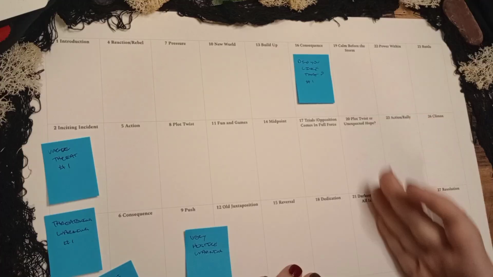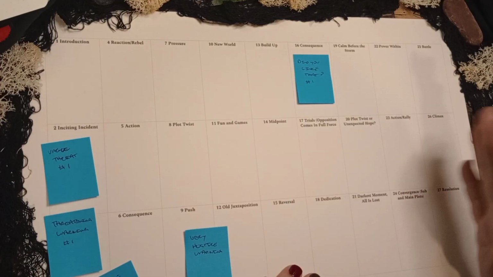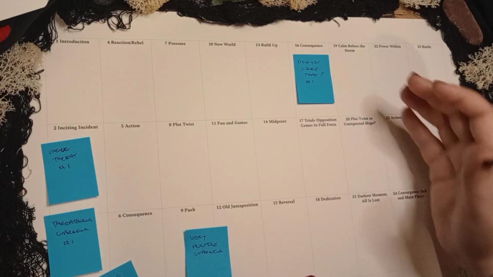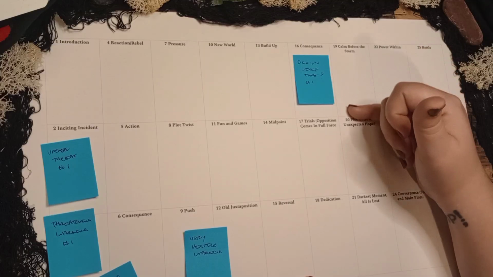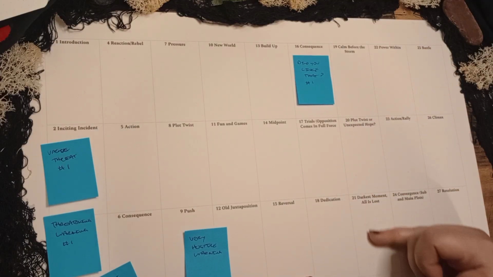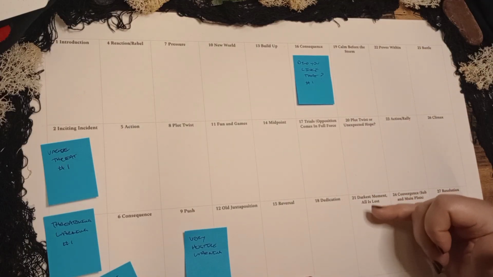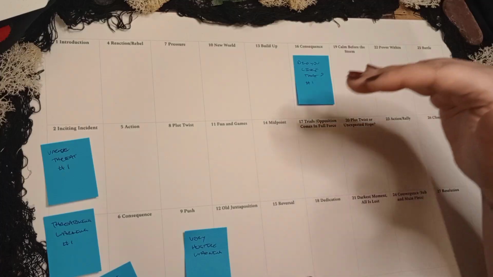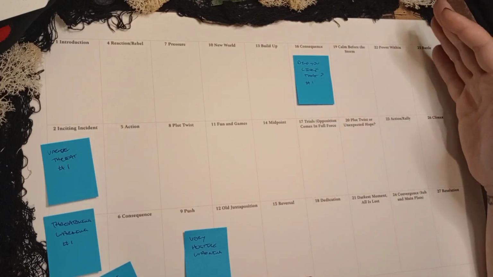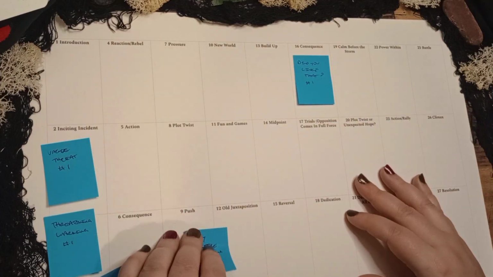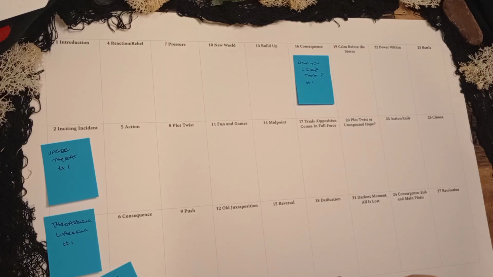So each of these lines, and I'll link down below how to do the 24, I don't want to go over this again, but each of these lines is a build-up, a climax, and a little bit of relief, but not a lot, because you want your story to be going up in tension throughout the story.